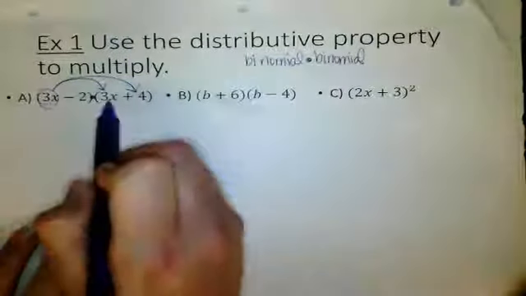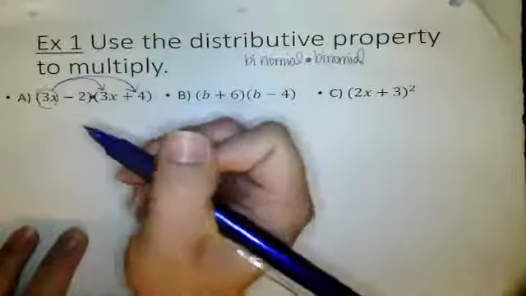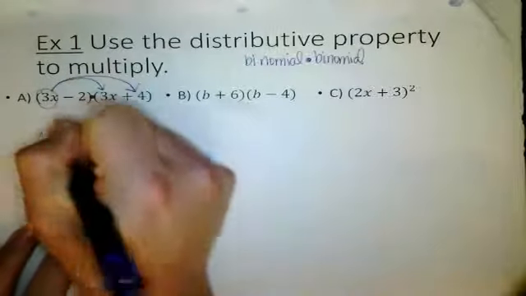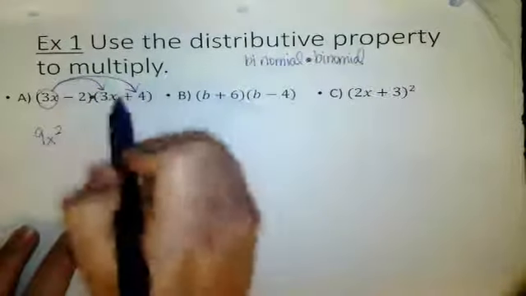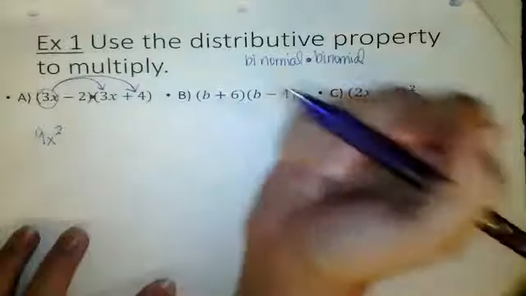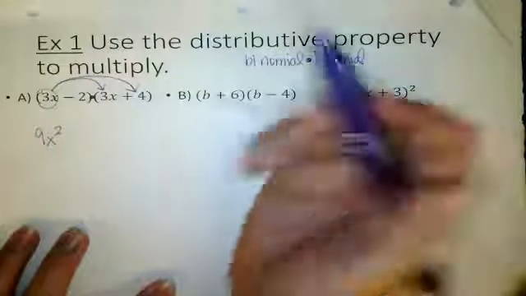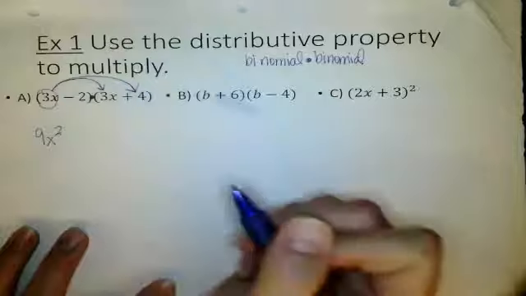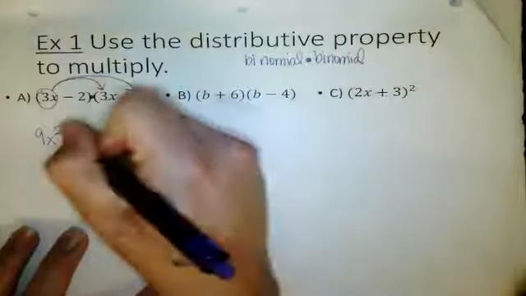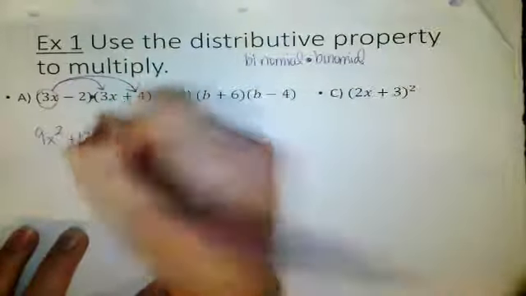So 3x times 3x becomes what? 9x squared. X times x is x squared. And then we multiply 3x times positive 4. 3x times positive 4 is 12x. Very good.